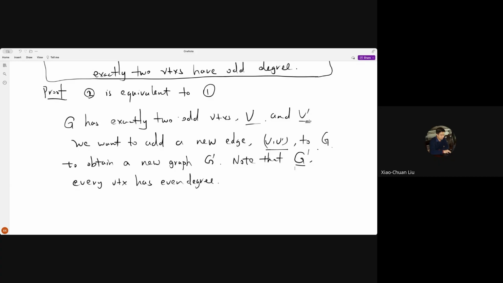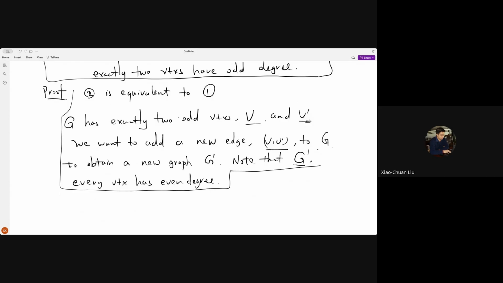For example, you start with a graph with all degrees even. Why do I start there and get stuck? Because it looks possible that if you delete one edge, the graph may become disconnected. But this will not happen, but you have to prove it. So it's not a complete proof, but you can think about this.